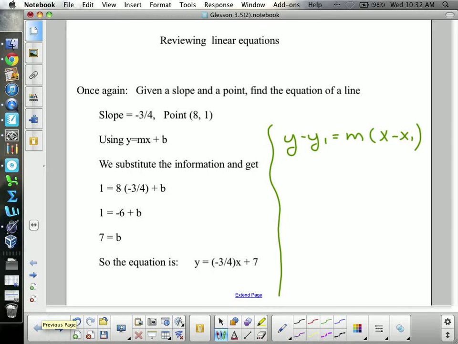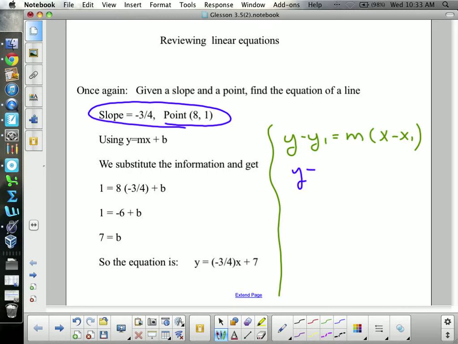Again, we did this yesterday. What is y1 with this information? Is it the negative 3/4, the 8, or the 1? Which of those numbers would be the y1? You guys are staring at it like it's in Greek. Okay, I've got a slope and I've got a point.